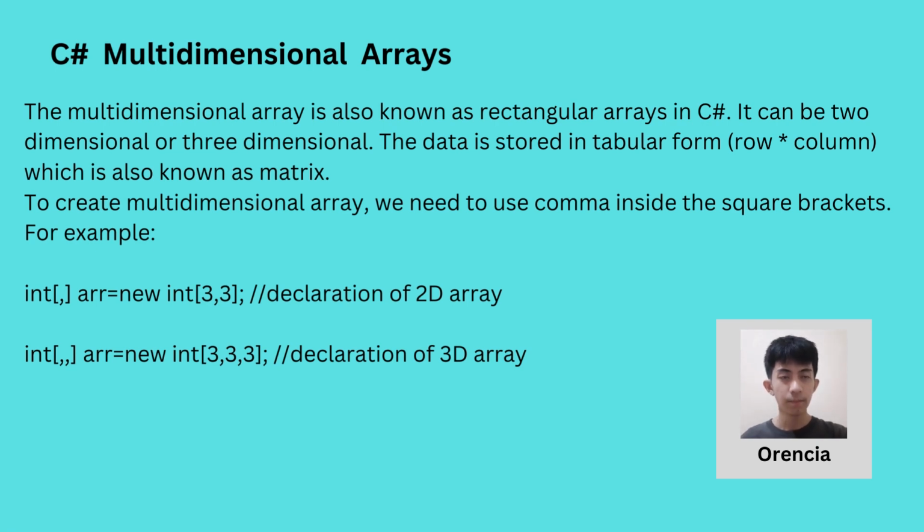In this first example, the code int[,] r = new int[3,3]; declares and creates a two-dimensional array of integers in C#. The int[,] part of the code specifies the type of the array, which is an array of integers.